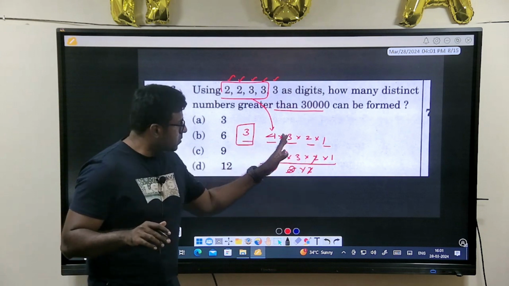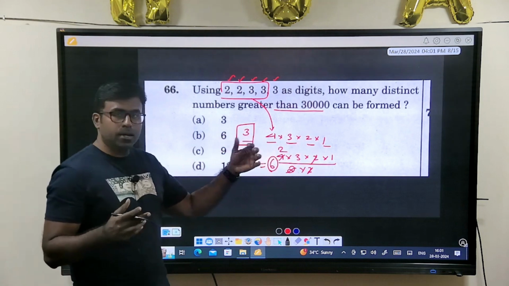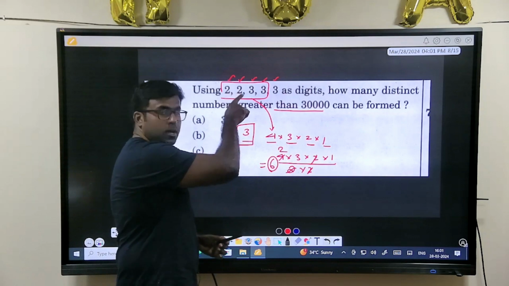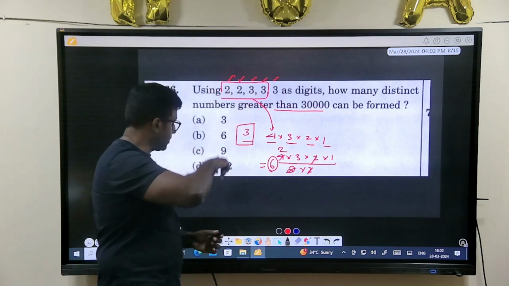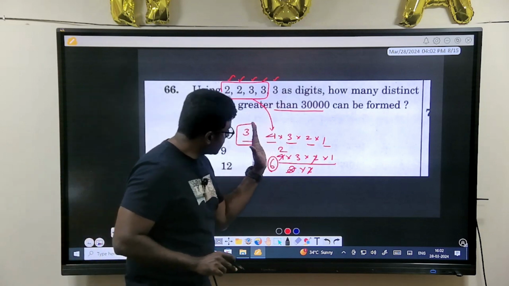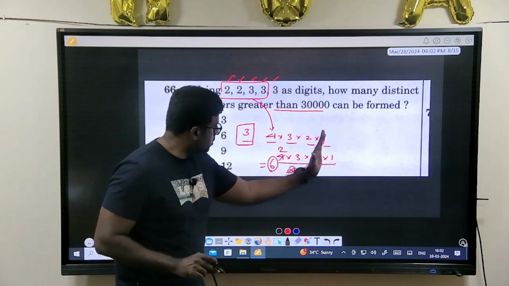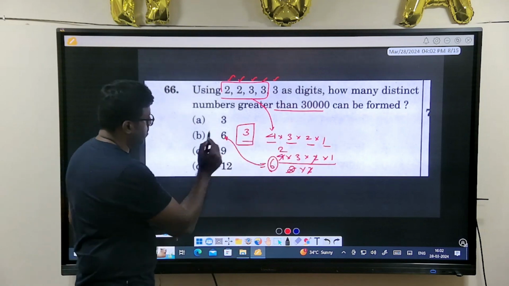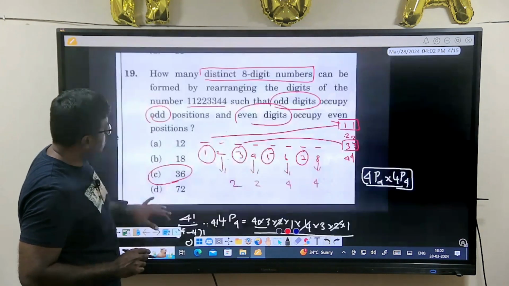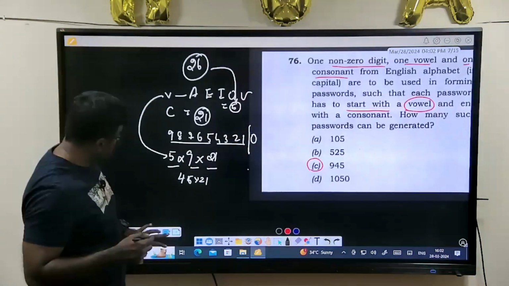You are using 4 into 3 into 2 into 1 to calculate the different positions, but two numbers are the same. It's not three 3s because one 3 is already fixed. We are just calculating the 4 positions, not the 5. So this is very similar to the question asked before. You have to choose accordingly and put the answer.